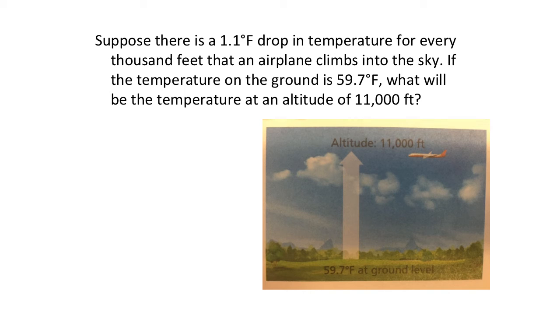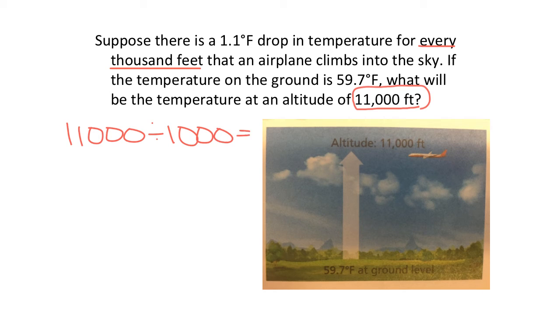The airplane is going to change by 11,000 feet. And we find out in this problem that the temperature drop occurs every 1,000 feet the airplane climbs. So if we take that 11,000 altitude and divide it into groups of 1,000, we find out we're going to make 11 changes in altitude.